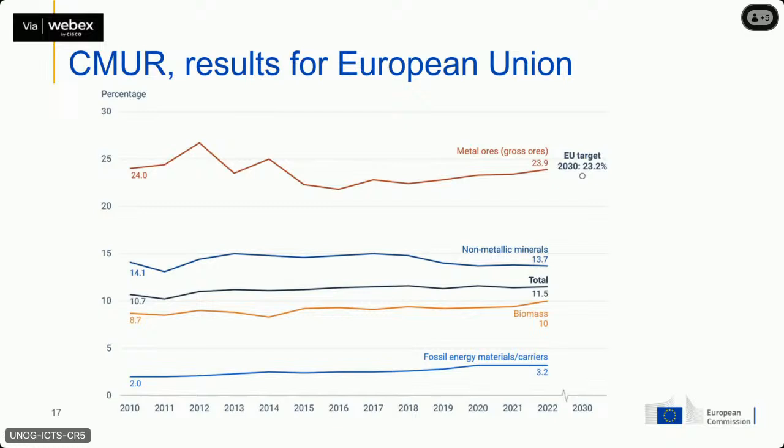The other main thing that you can see from this slide is that for the 4 subcategories that we have, biomass, fossil energy materials, non-metallic minerals, and metal ores, the circular material use rate is very different. It's very low for fossil energy materials, as you can expect, because basically they are burned to produce energy.